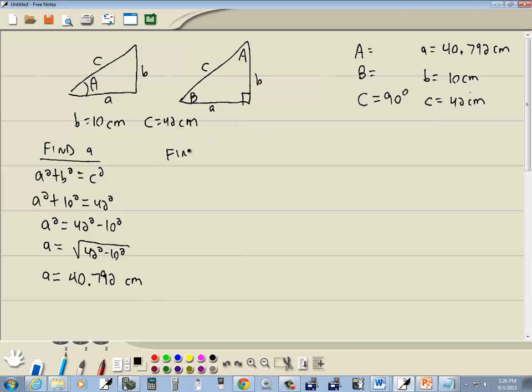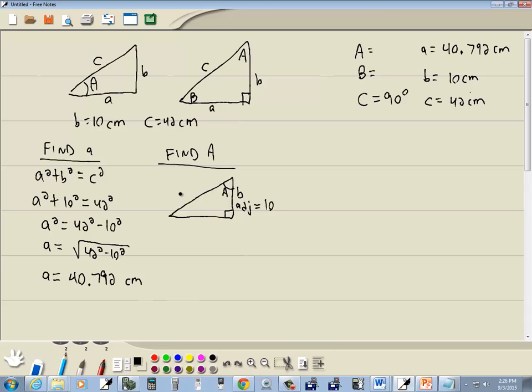So let's find A. If I draw my picture, we're trying to find A, which is right up here. Now, they give us b, which is this side right here. This is b. In relation to this angle, this is the adjacent side. So they're telling us the adjacent is equal to 10. I won't worry about the units of measure on these.